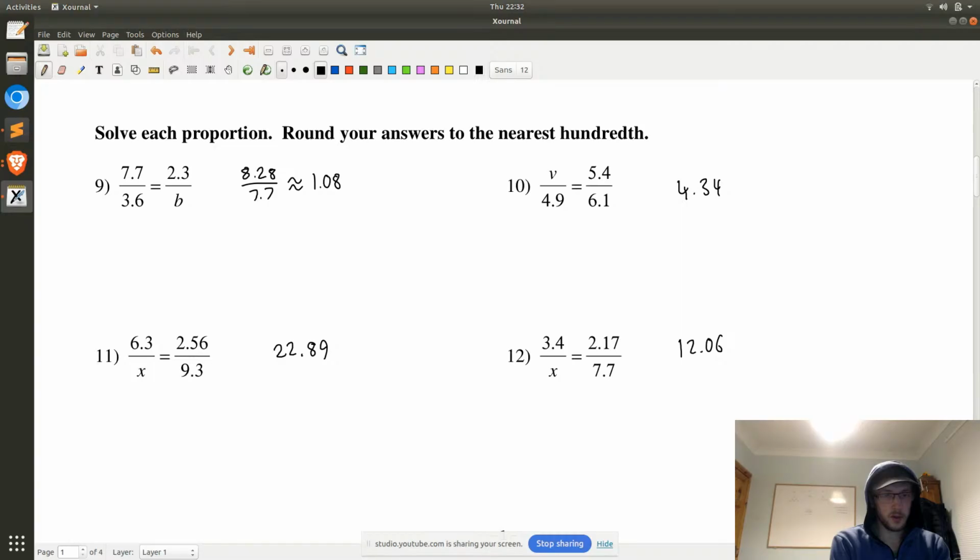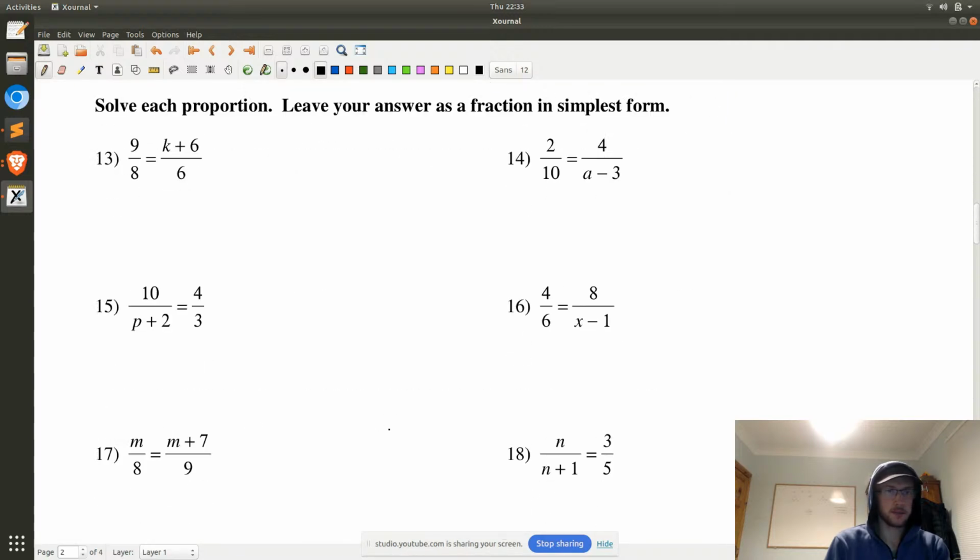Okay, so I disagree with how they've rounded, but overall correct.